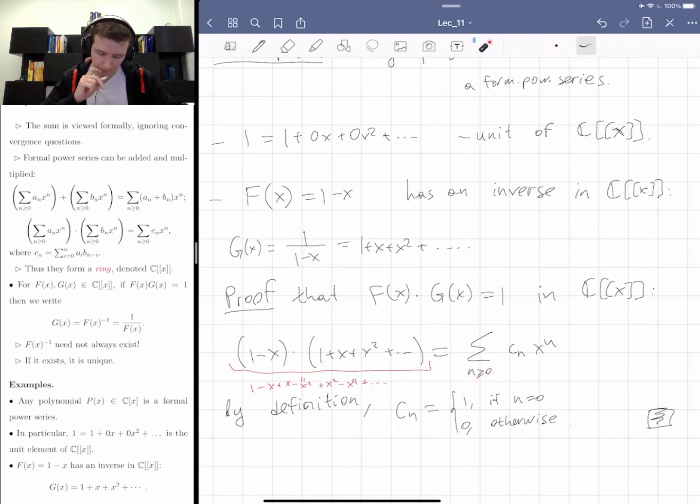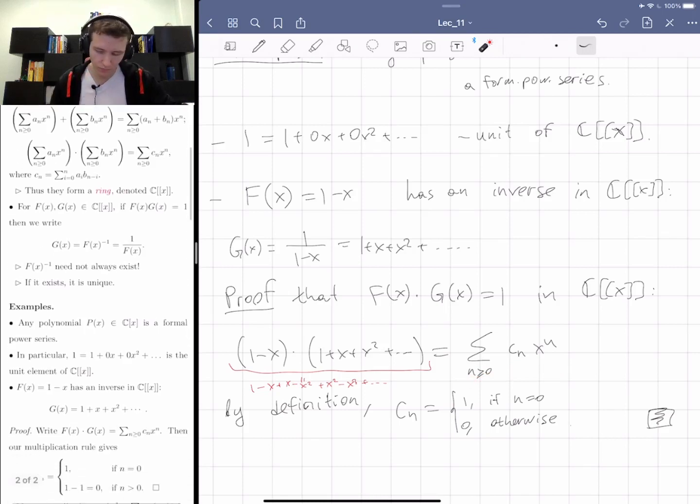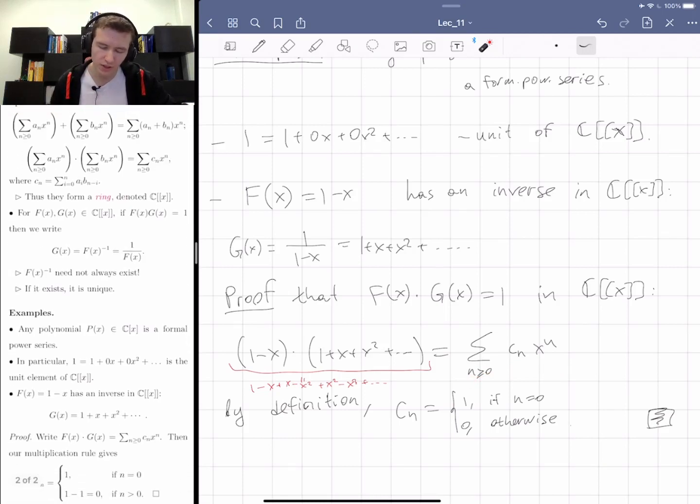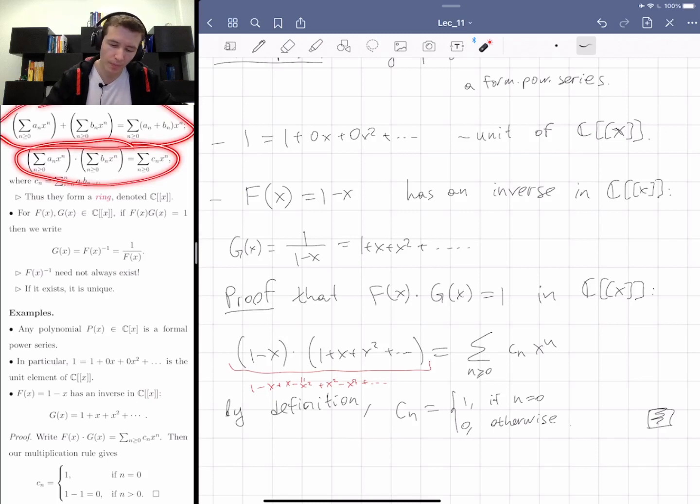What I'm doing sounds very trivial, but it's an important distinction. You have to be very careful when you say something is true for functions and therefore true for power series. You have to be able to verify it formally using the product and addition formulas.